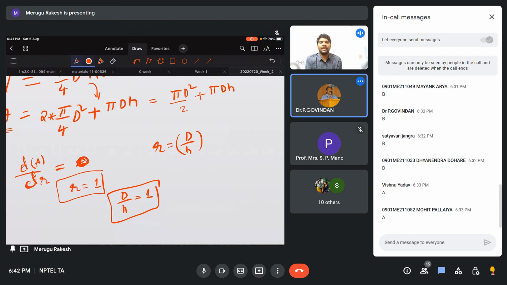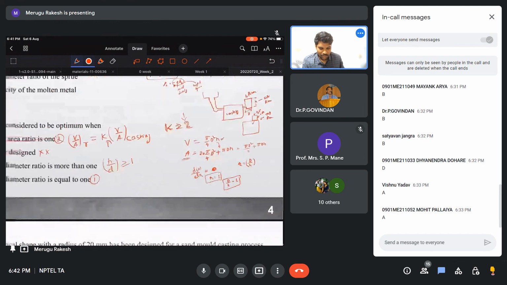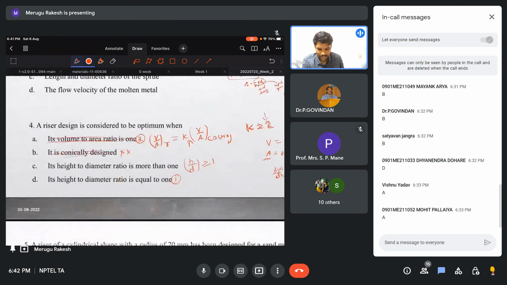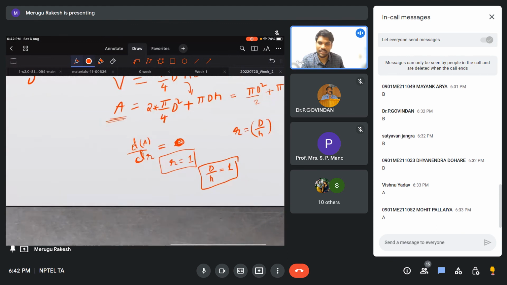Okay, I understood your question. Basically, this question is asking when a riser design is considered to be optimum. They are not specifying which riser, whether it is top riser or side riser. But in the classes only one derivation was done, which is for the side riser, in which we got d by h as 1.